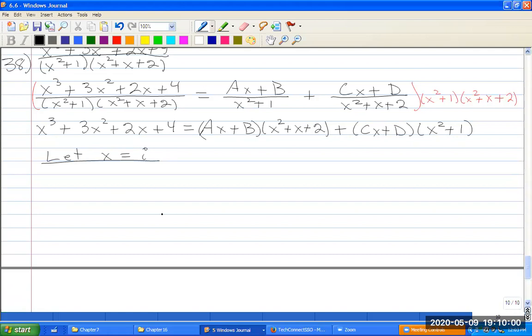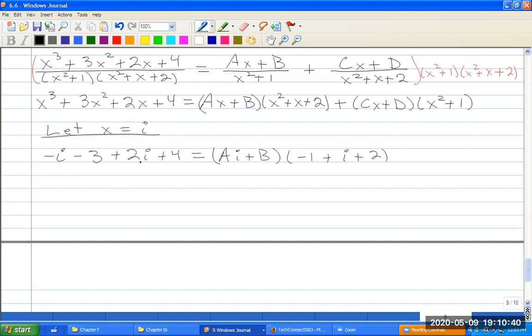So this is i cubed, which is negative i, plus 3 times i squared, which is negative 1, plus 2i plus 4, equals, plug in i, A times i plus B times i squared, which is negative 1, plus i plus 2. And then i squared plus 1 is 0, so that goes to 0. So hopefully I'll get two numbers here.